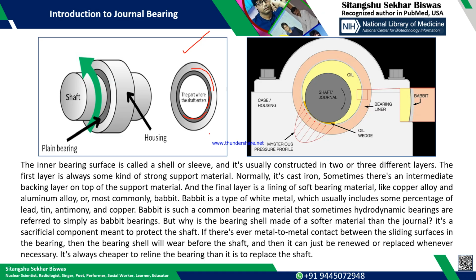If there is some metal to metal contact between the sliding surfaces, the bearing material will wear before the shaft, and it is always cheaper to reline the bearing compared to replacing the journal, because it's a part of the shaft. Okay, so that is the reason the bearing is made of soft white metal.